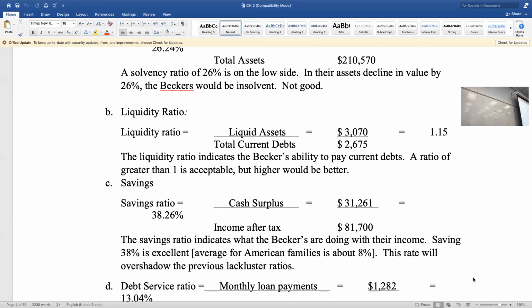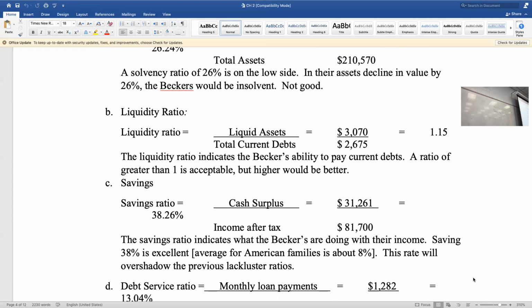The easiest thing to do if they didn't do that is just to add their take home pay. So 52.5 plus 29.2 is 81.7. So you just have to come back up here and add up the take home pay.